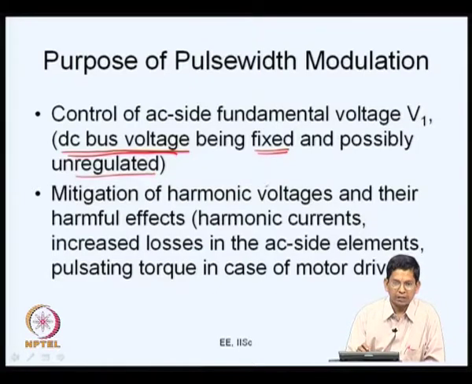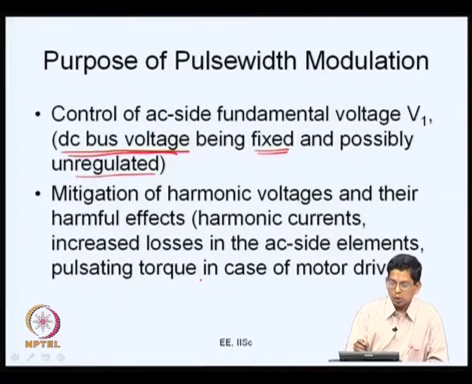This inverter may be fed from a DC source such as an active PWM rectifier or some kind of controlled rectifier, in which case that could be well regulated. On the other hand, it could be simply a diode bridge rectifier with a C filter or an LC filter, in which case the DC bus voltage could also be unregulated. Let us ignore this regulation or unregulation for the time being. Let us just say it is fixed at a particular value.